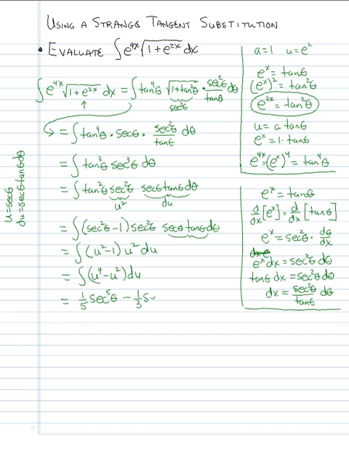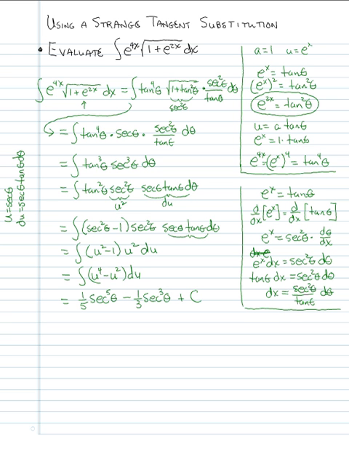But of course u is secant, so it's 1/3 secant cubed theta, plus of course our constant of integration.